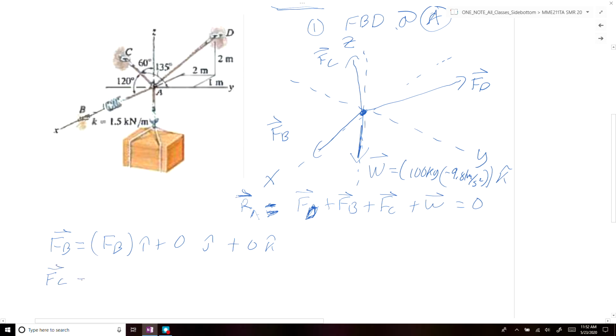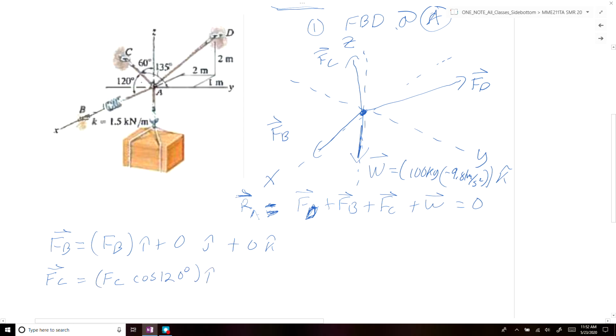FC will be equal to its x, y, and z components, which are going to be equal to FC times the cosine of 120 degrees, which is alpha.